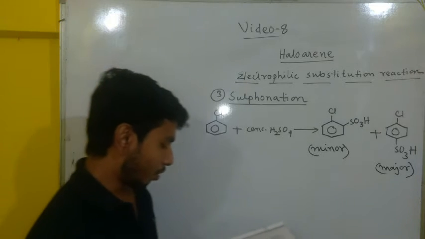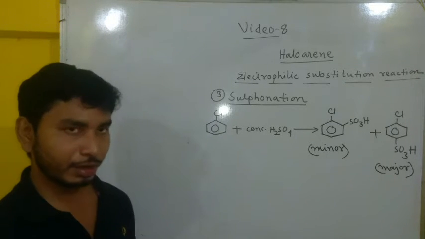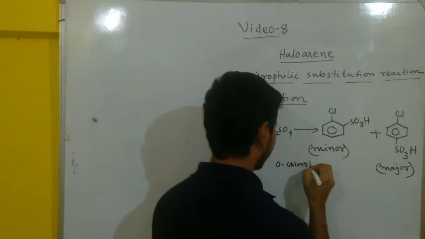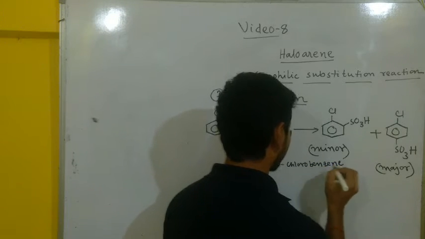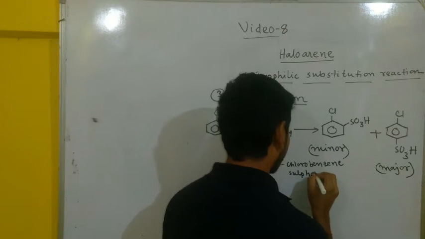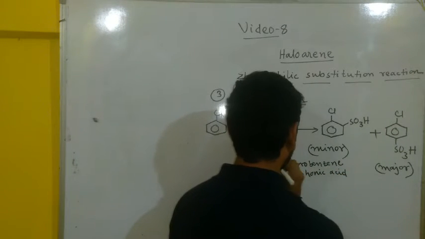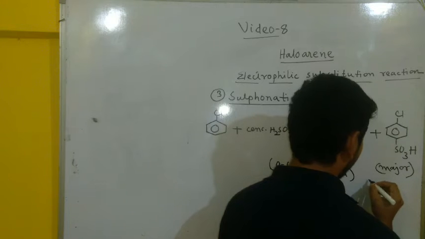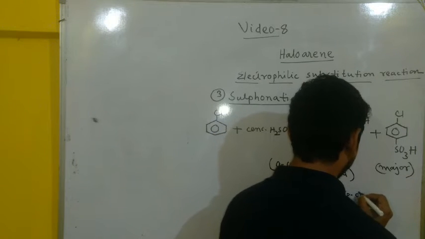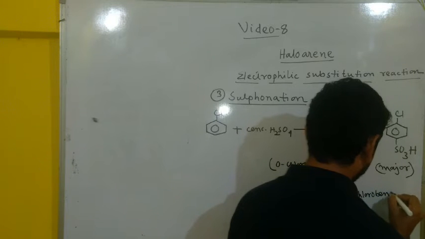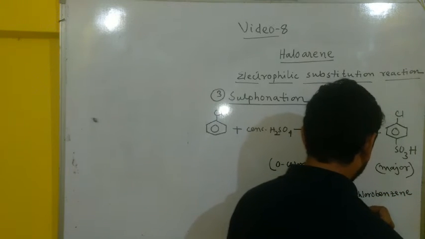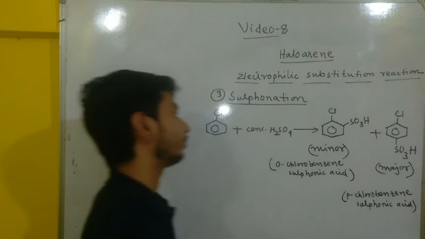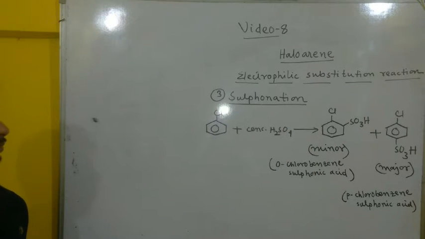Ortho product is called orthochlorobenzene sulfonic acid and it is para-chlorobenzene sulfonic acid.